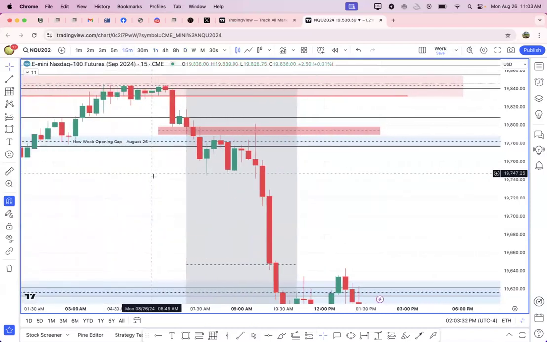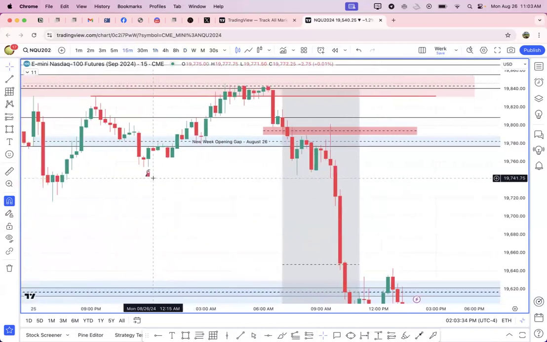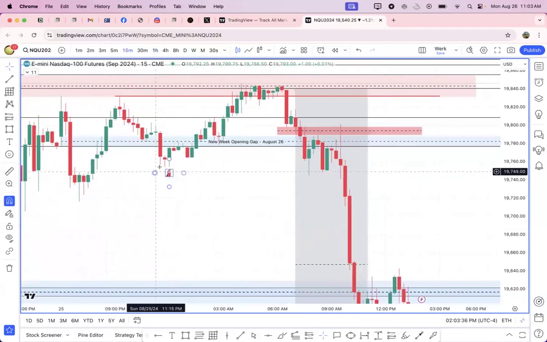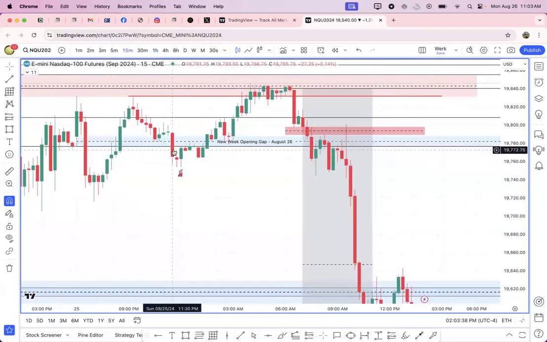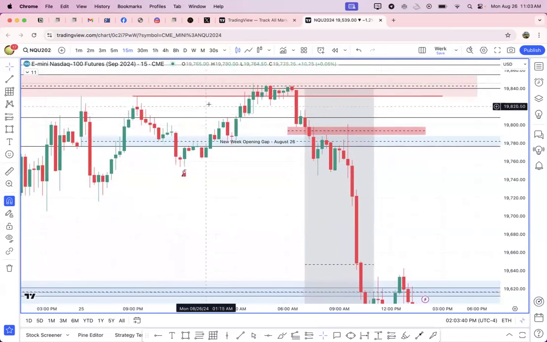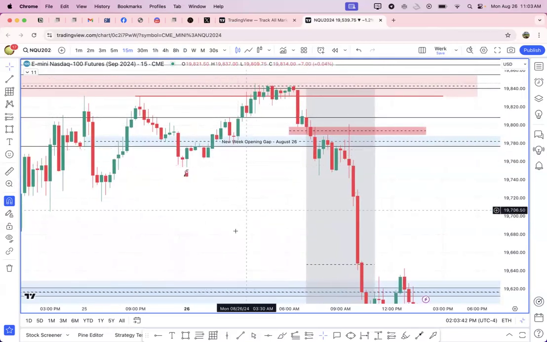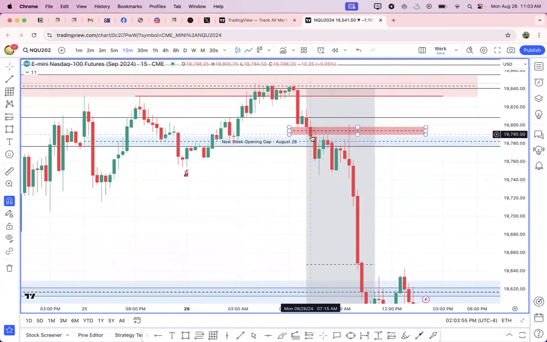So if I go down to the 15-minute chart, I do not see anything that jumps out at me. We could say that we had a market structure shift here, and then we got this low here. But I don't know that I would be messing with this fair value gap right here.